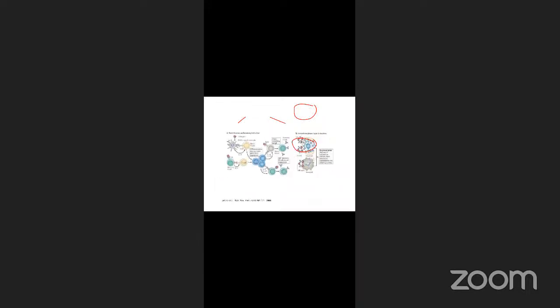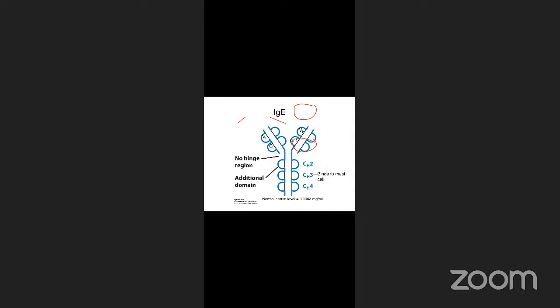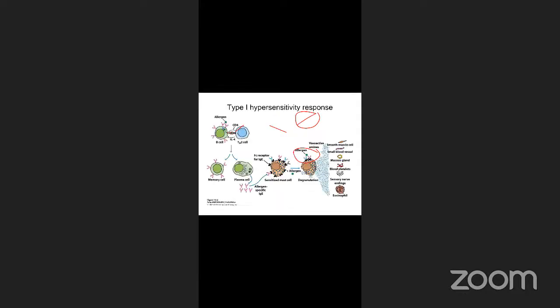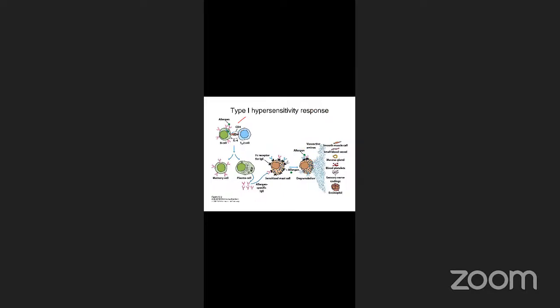What are the sites? Especially smooth muscle, small blood vessels, mucus glands, blood platelets, and sensory nerve endings. Eosinophils are the main target.